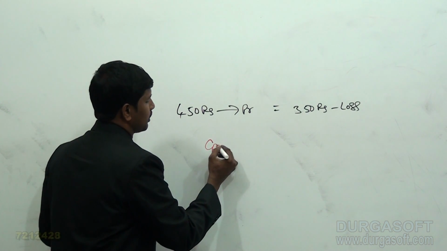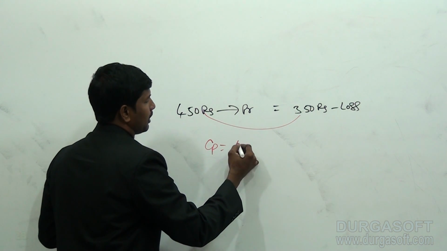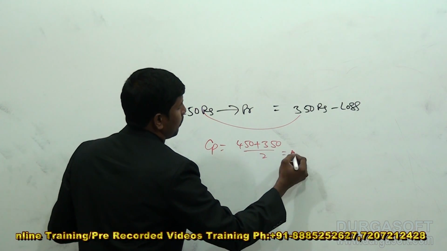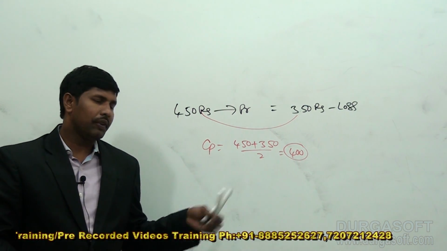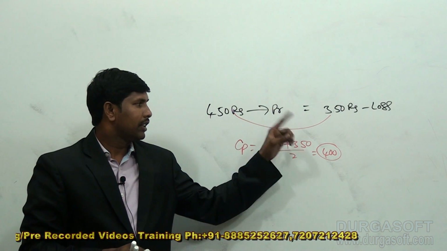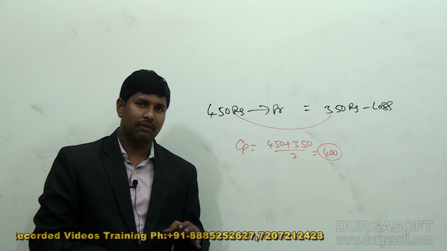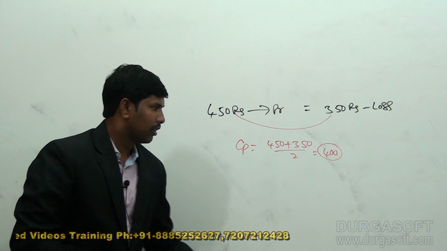As we discussed, it is the average of 550 and 350, that is 550 plus 350 by 2, which is simply 450 rupees, the middle value of these two. So in this way you can conclude directly, without calculating anything, by taking the average of these two. So when I say the profit in the first case is equal to the loss in the second case, you can take the value like this.